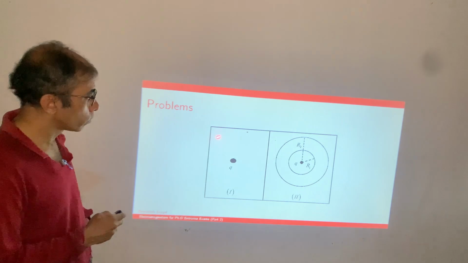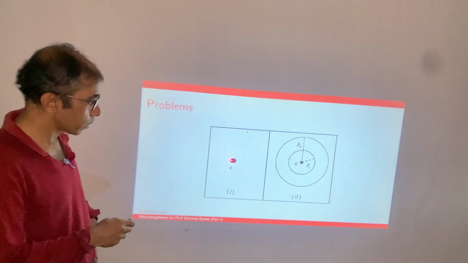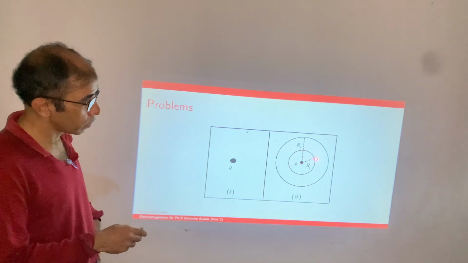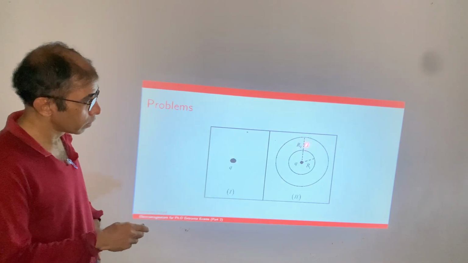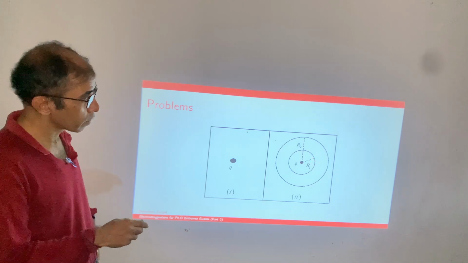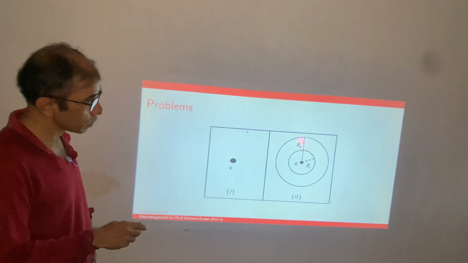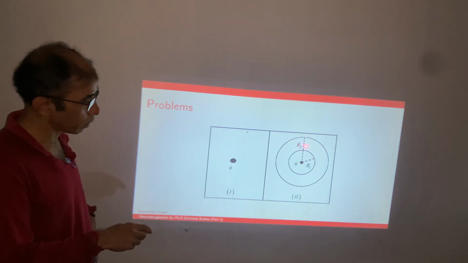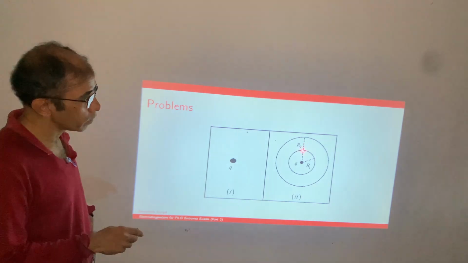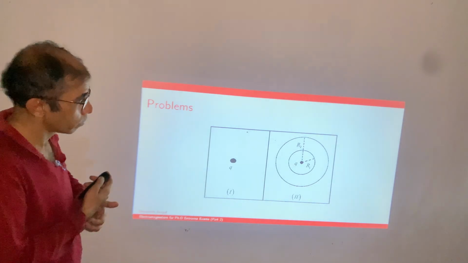So you have to do the first integral for this configuration, and the second configuration has the charge, then a conducting part. It's a solid conductor, so the electric field E is 0 here, right?